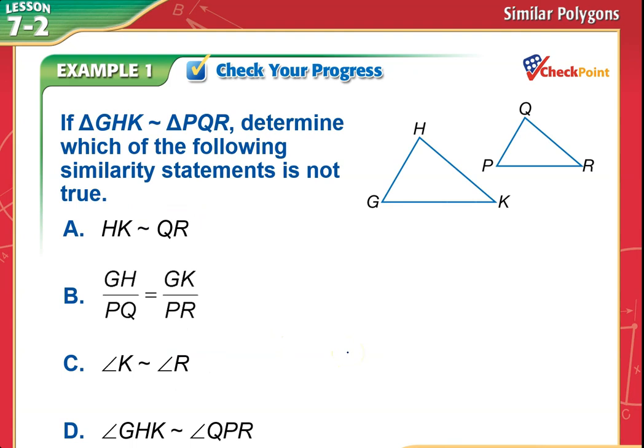All right, check your progress. Go ahead and pause your video. It says which is not true. So angle GHK is not similar to angle QPR. Now, I believe this should say angle K should be congruent to R. HK line segment should be similar to QR.